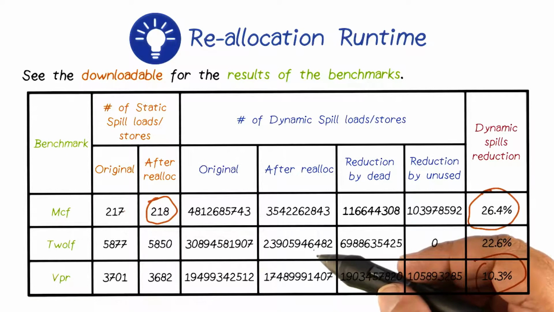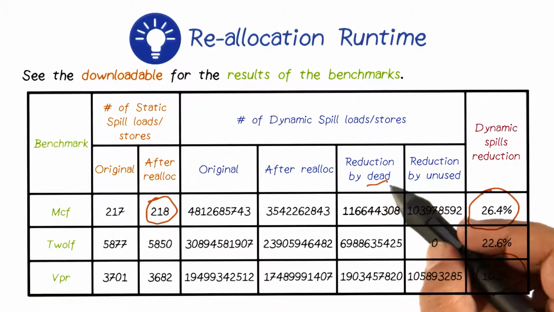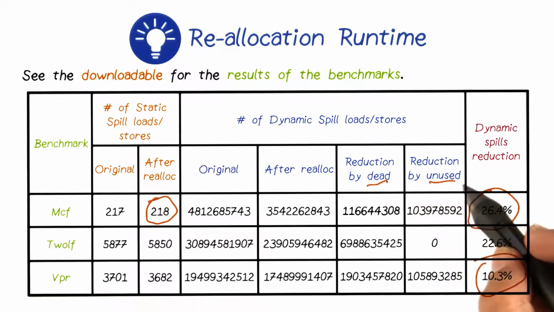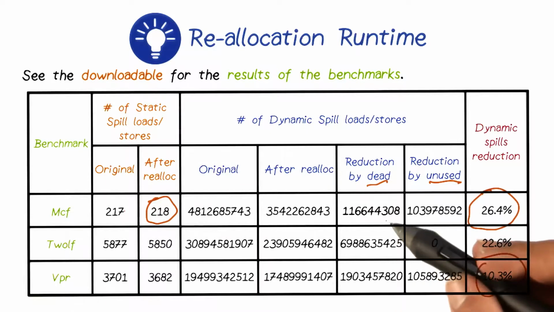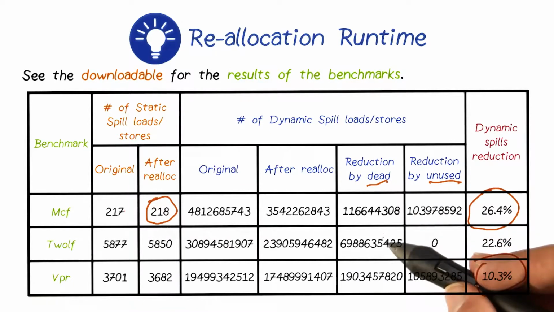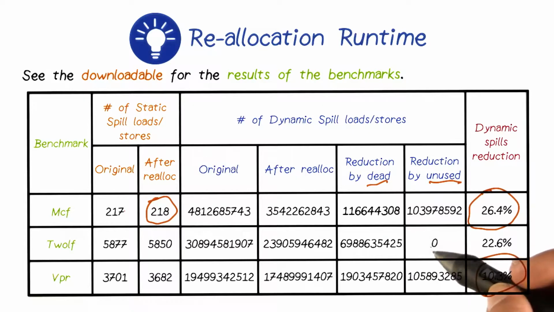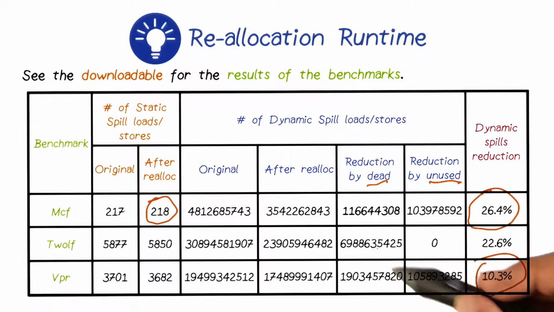Now let's look at the breakdown of the dynamic load stores that were removed. First, how many were removed by the dead registers, and second, how many were removed by the unused registers. You can see here that the benefit is again much higher for dead. For example, here there are no unused registers that have any benefit, but the dead ones have all the benefit.